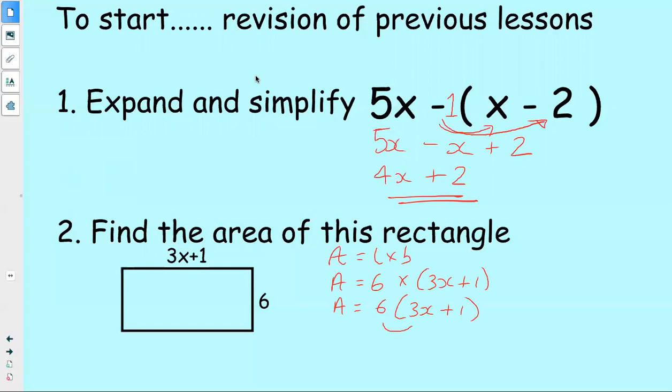And you know what to do, you're just going to multiply out that bracket. So 6 multiplied by 3x is 18x, and 6 multiplied by 1 is a +6. So the area is 18x add 6. Okay, let's move on.